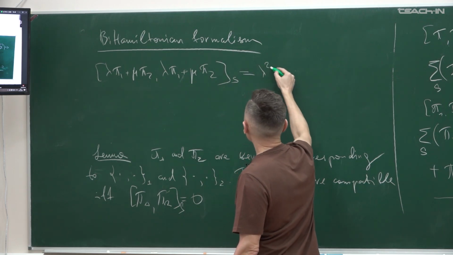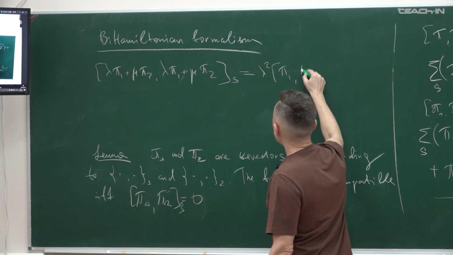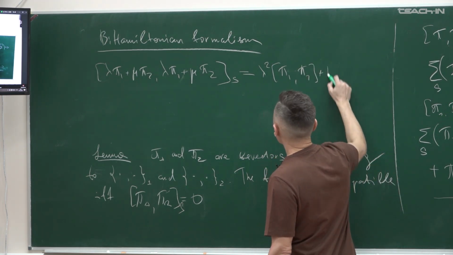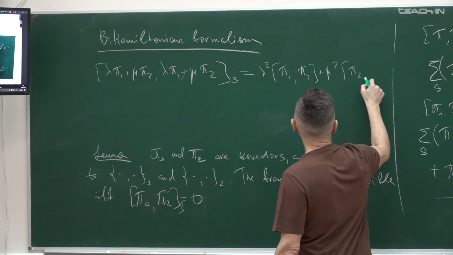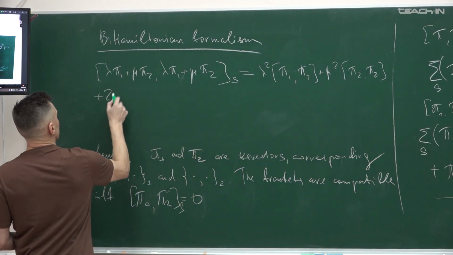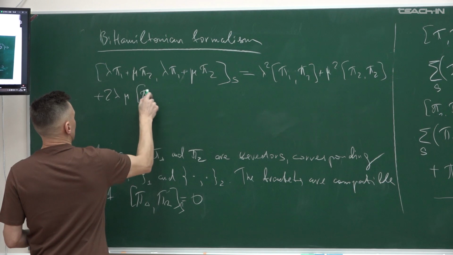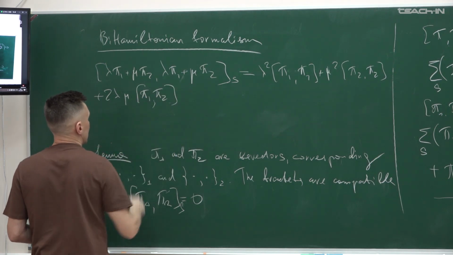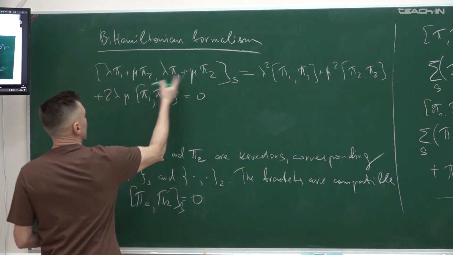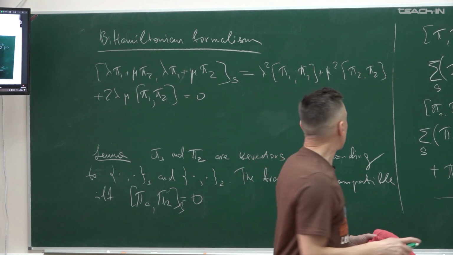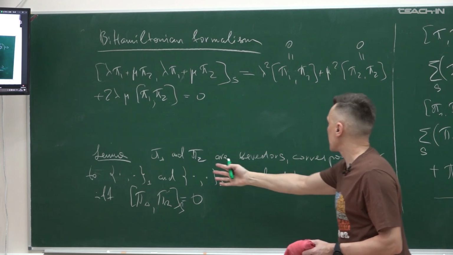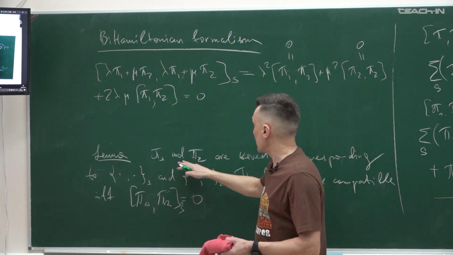So it is lambda square p1 plus mu square p2 plus 2 lambda mu p1 p2. And we know that it is 0 for all values of lambda and mu. These are zeros because we have chosen a Poisson bivector.